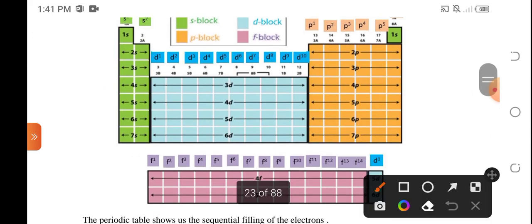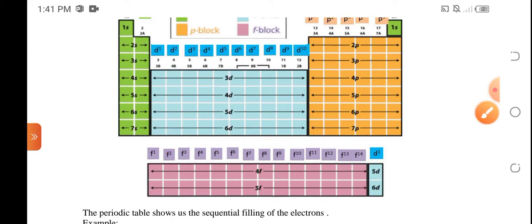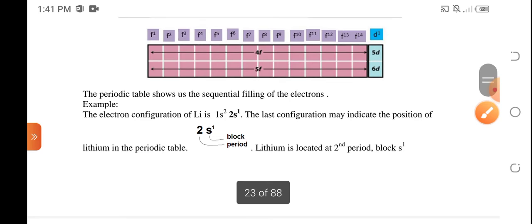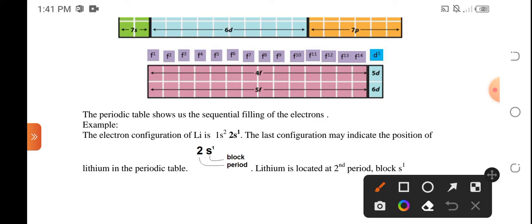Then we have the F block, which is 14 here, but the very last one is included in the D1. Okay? So this is how to locate blocks with the use of period.